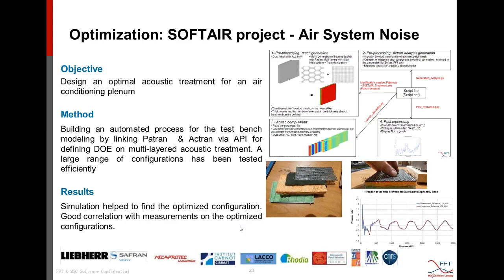Now, the last topic here is about optimization. So in acoustic simulation, many times we want to find the optimal acoustic treatment by, for example, porous material, or by honeycomb-shaped liners.